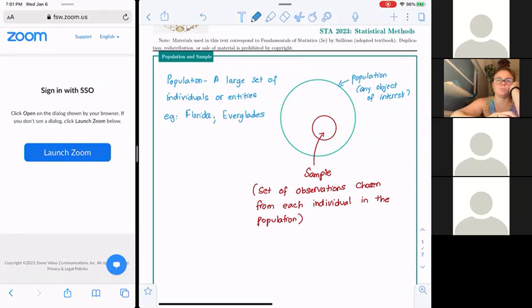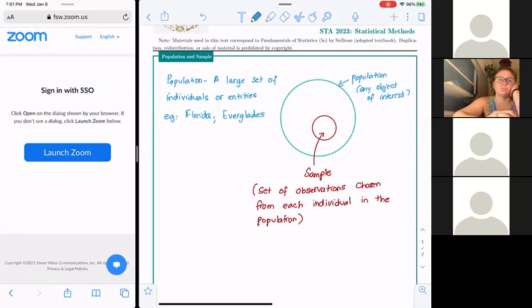So if we are trying to get information about Floridians, then the population would be Florida. If we're trying to get information about alligators, for instance, especially in the Everglades, then the population would simply be the Everglades.